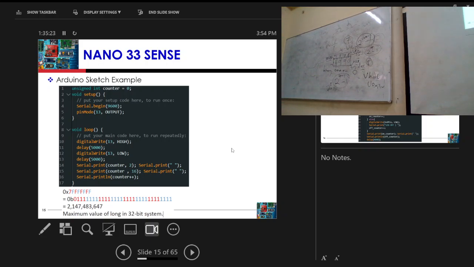It's a digital pin. The digital pin can only take 3 volts or 0 volts. Now it's very important. Once I say digital, there are two values: 0, 1, true, false, yes, no, 3.3 volts, 0 volts, on, off.